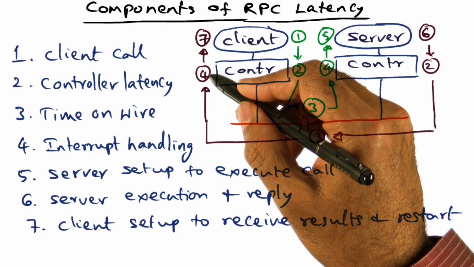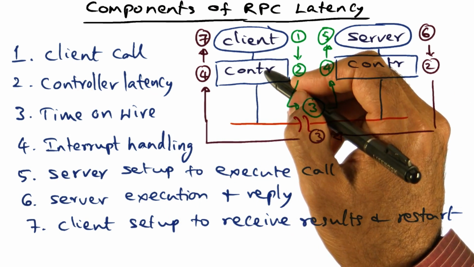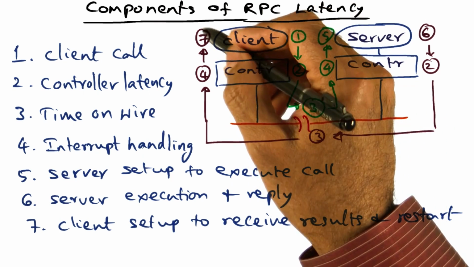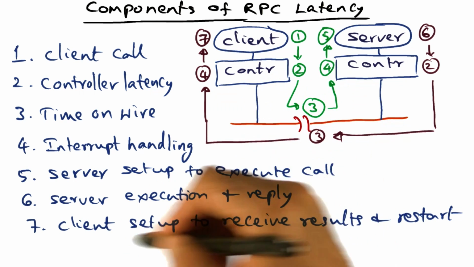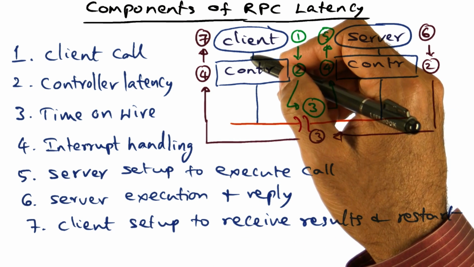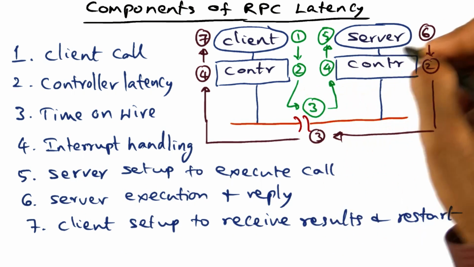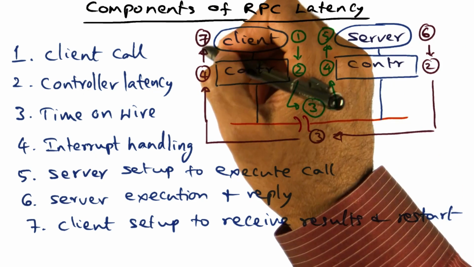And once that interrupt is handled, the operating system on the client side says, oh, this was on behalf of this client. Let me redispatch the client, set up the client so that the client can then receive the results and restart execution where it left off. So the only 2 new things that we added in the return path were items number 6 and 7.